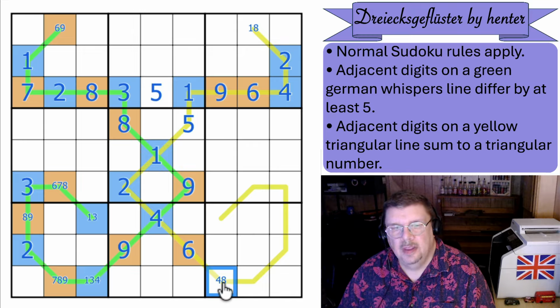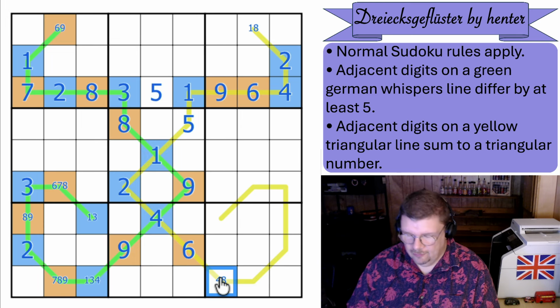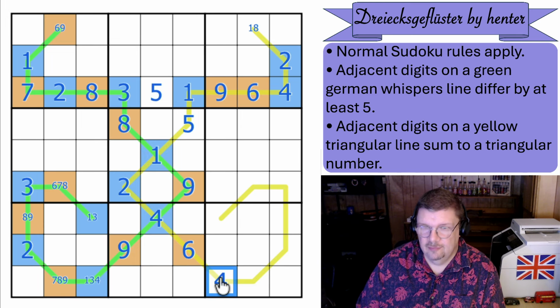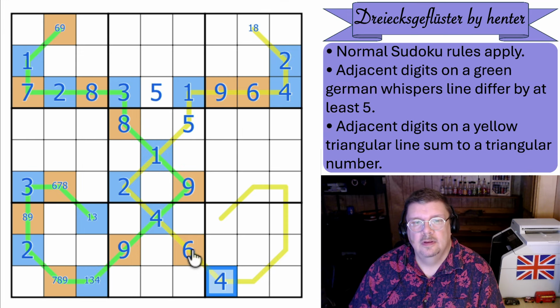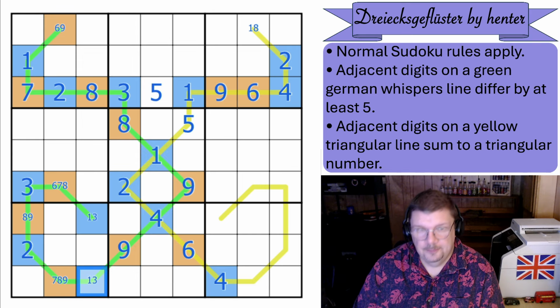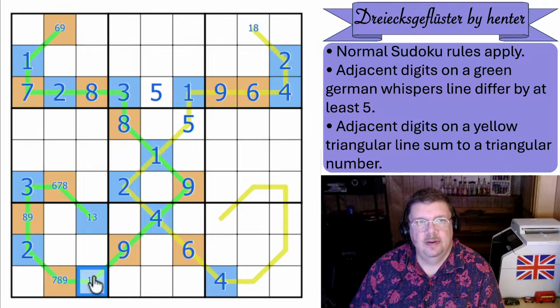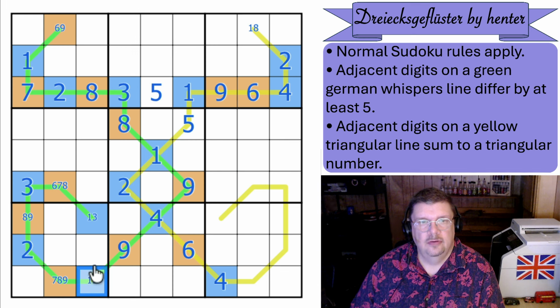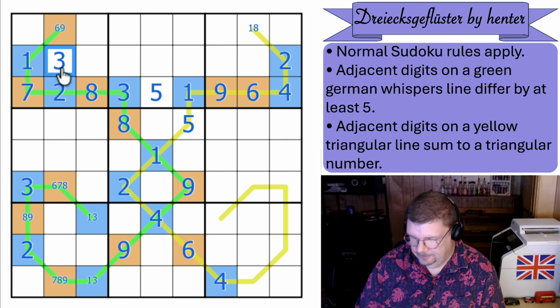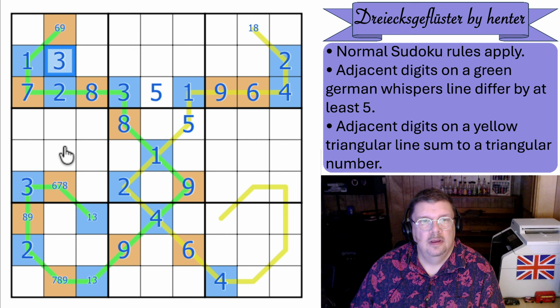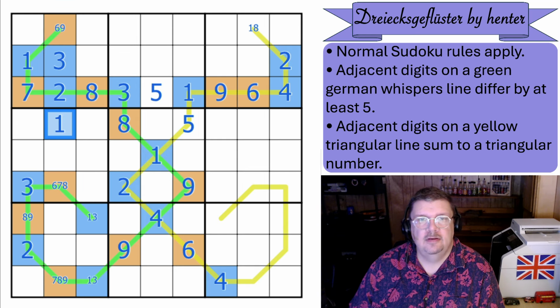All right. 8 can go with, no, 6 goes with 4 or 9. So that's a 4. 8, that's not a 4. That gives us a 1, 3 pair here. So 3 must go here. And 1 must go here. That's very nice.